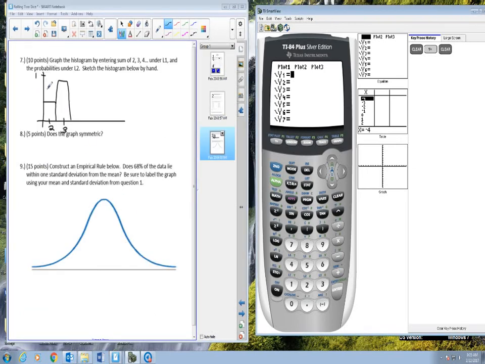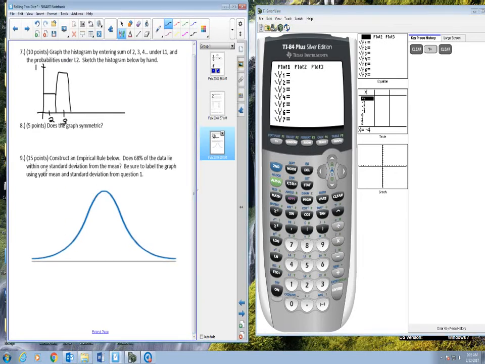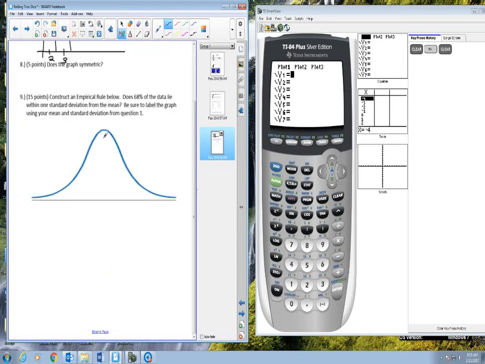And then look at your histogram to tell me whether the graph is symmetric. Number 9, the last question: construct an empirical rule below. Does 68% of data lie within 1 standard deviation? So what I want you to do is draw yourself an empirical rule, the bell curve shape.